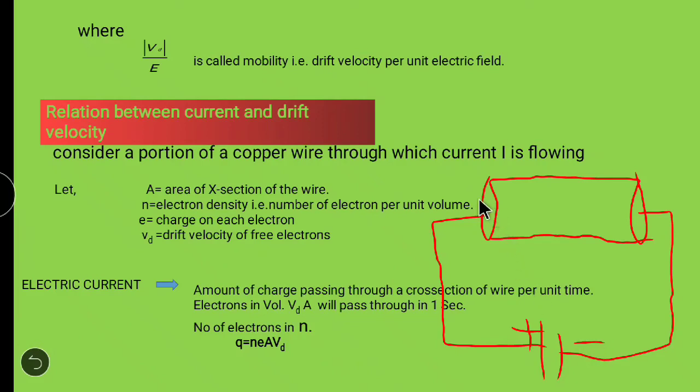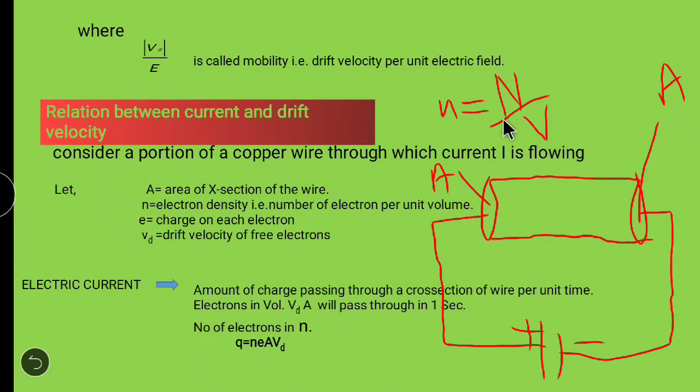And here let A be the cross section of the wire. So this area is A. This is called the cross section area. And n is the electron density, that is the number of electrons per unit volume that we have discussed earlier, that was n is equal to capital N upon V. This is the total number of electrons and V was the volume of the conductor.